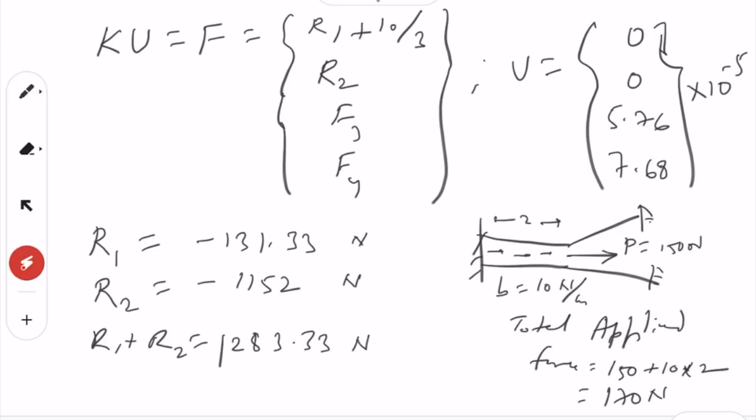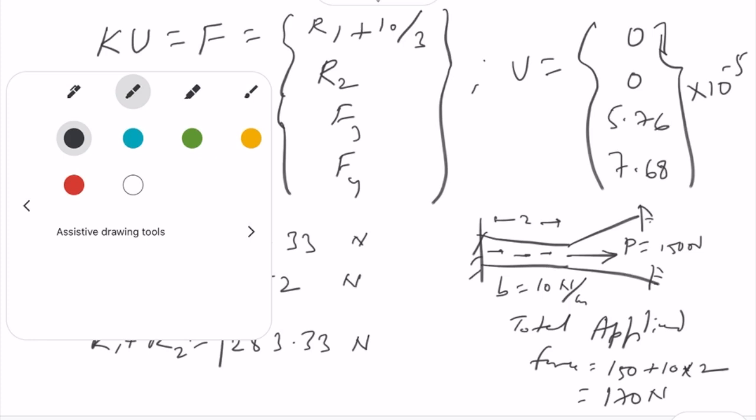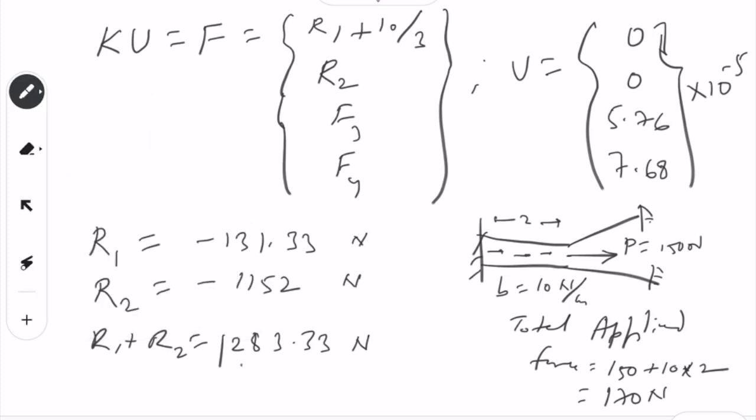So see, the reaction forces are much bigger than the applied force, so something is wrong. R1 plus R2 is not equal to, or far greater than, you can say, far greater than 170 Newton. Something is wrong.